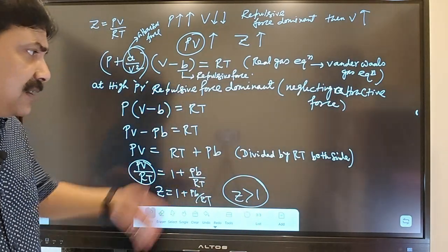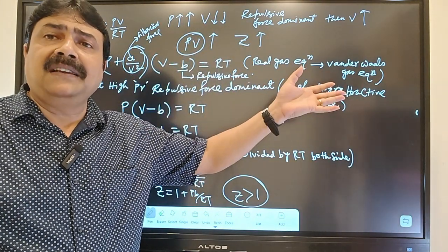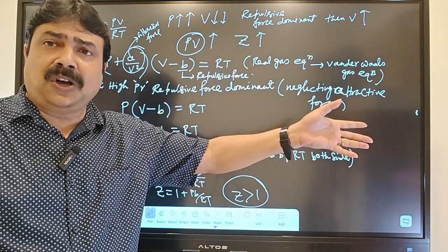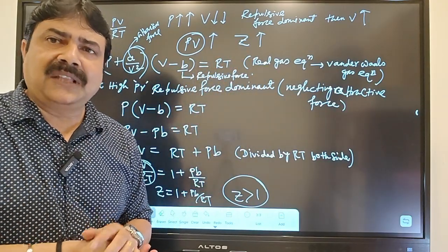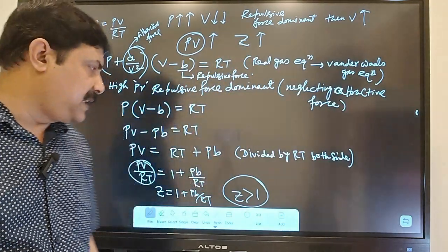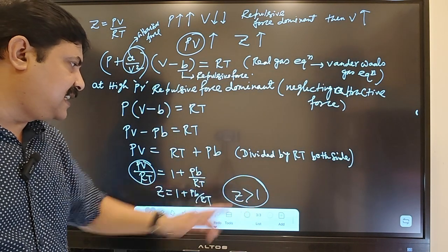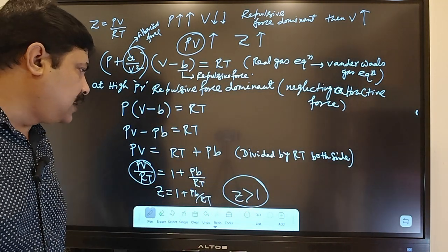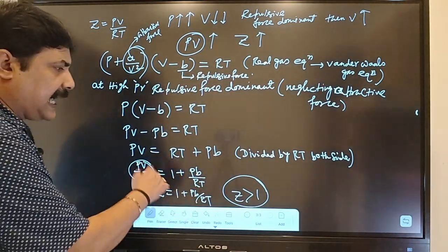That is the physical significance: the repulsive part is dominant. When the repulsive force is dominant, the gas molecules don't want to come very close to each other, so the gas is very hard to compress. And also by logic we proved that in the high pressure region Z is greater than 1 and Z equals 1 plus PB by RT. Now these things we will capitalize.